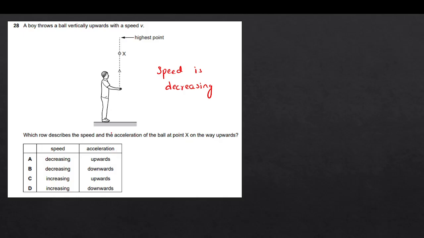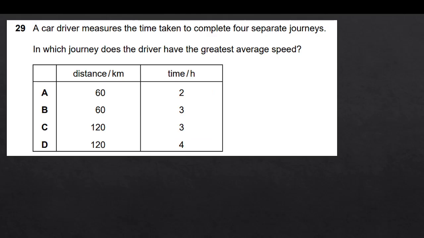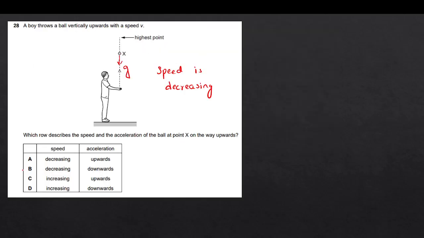The acceleration on the ball is vertically downwards, and it is purely due to gravity. So here it is acceleration due to gravity, and it always acts vertically downwards. So the correct option would be speed decreasing and acceleration vertically downwards. It would be option B.